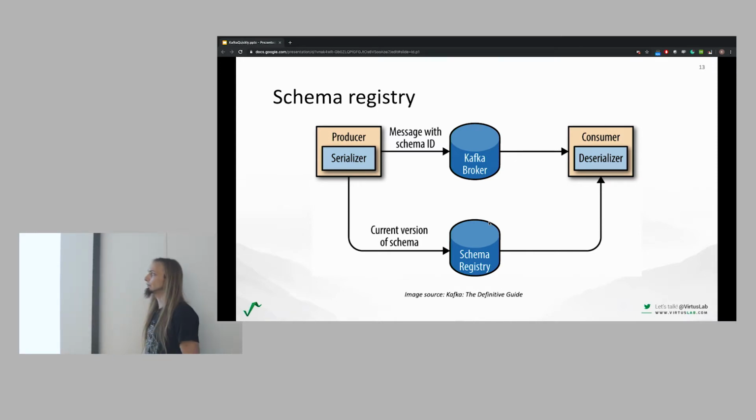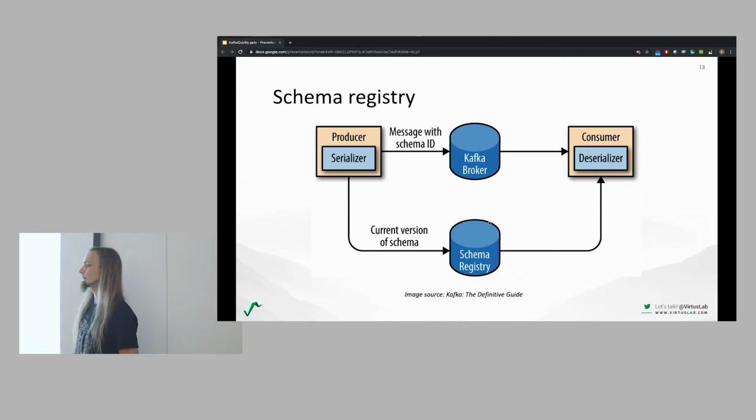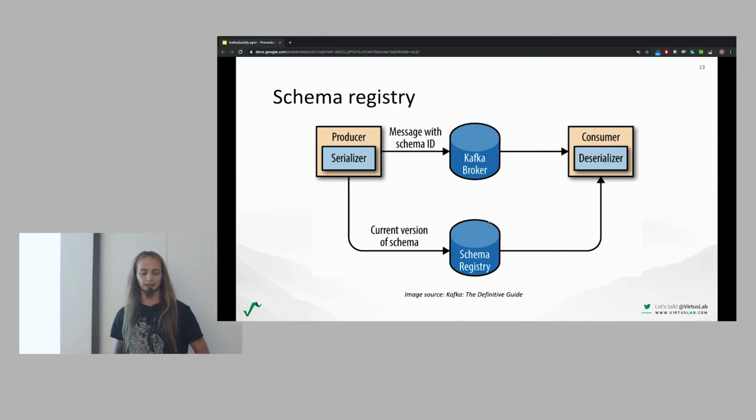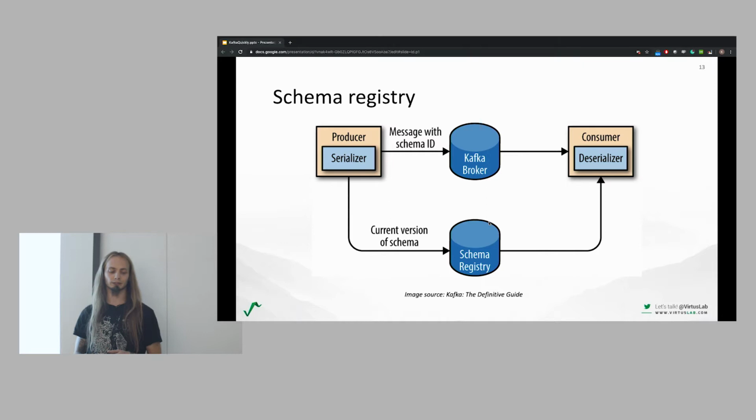This is the crucial thing when we are thinking about the maintenance and evolution of our schema of data and records which we put into the Kafka. It is based on the RESTful interface for storing the Apache Avro schemas, where the data is described in a JSON format.